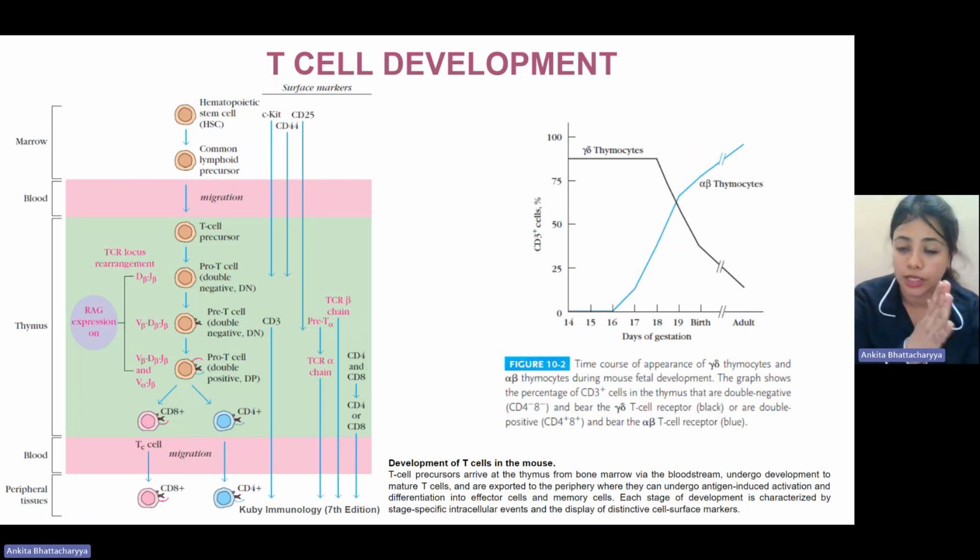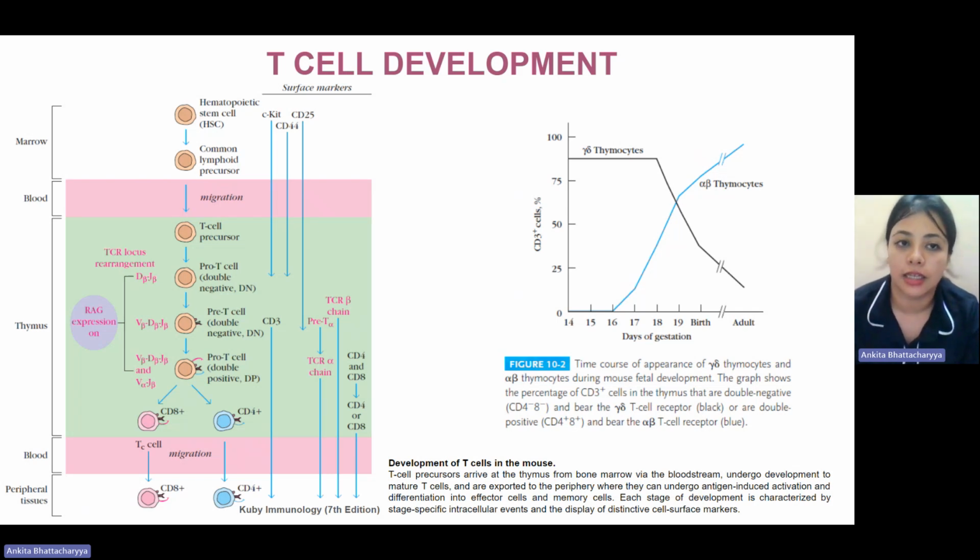The HSC could potentially give rise to any cell type, but from there it undergoes fate assignment and is now destined to become a cell of the lymphoid origin. There we see the maintenance of surface markers like c-KIT, CD25, CD44, etc. Then we see migration through the blood, followed by presence within the thymus.